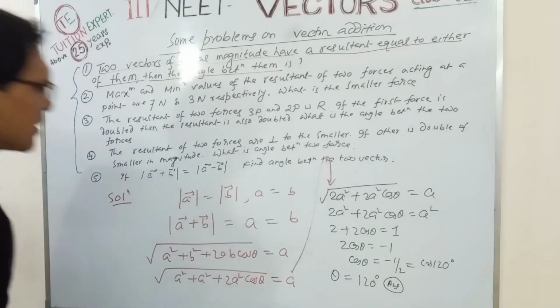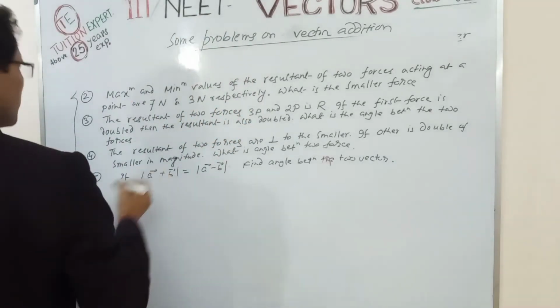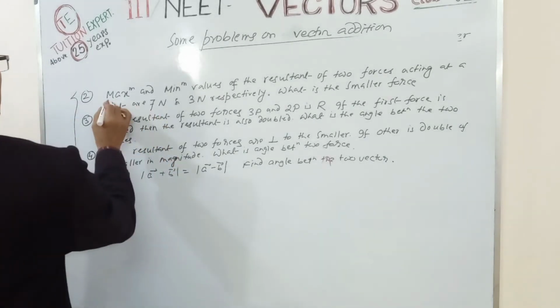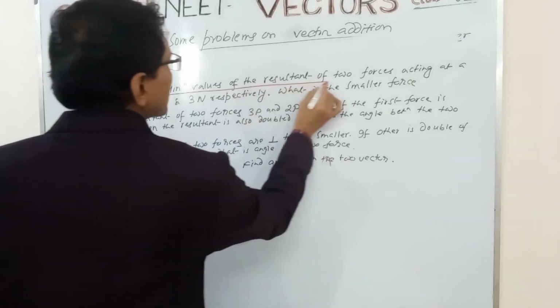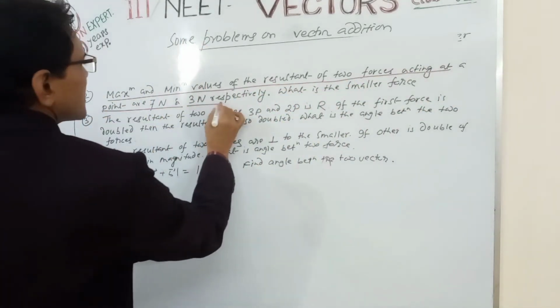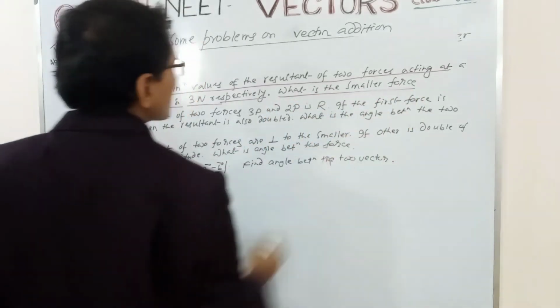Okay, next problem. The maximum and minimum values of the resultant of two forces acting at a point are 7 Newton and 3 Newton respectively. What is the smaller force?